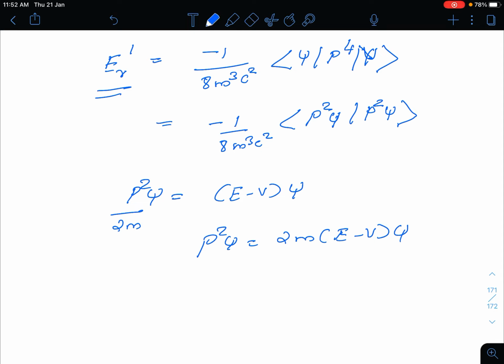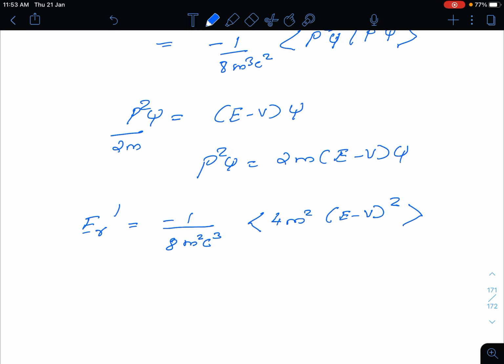So what will that be? E r first order correction is equal to minus 1 by 8m square c cube into 4m square, E minus V all square, as the expectation value.